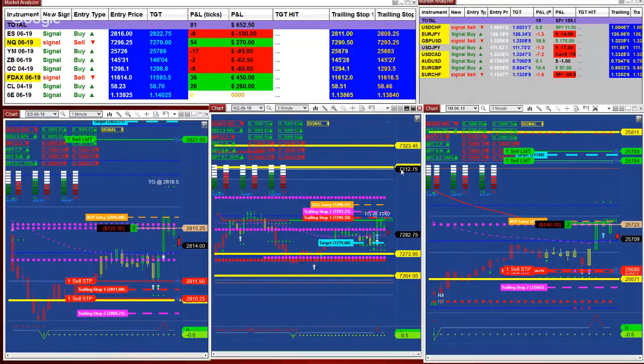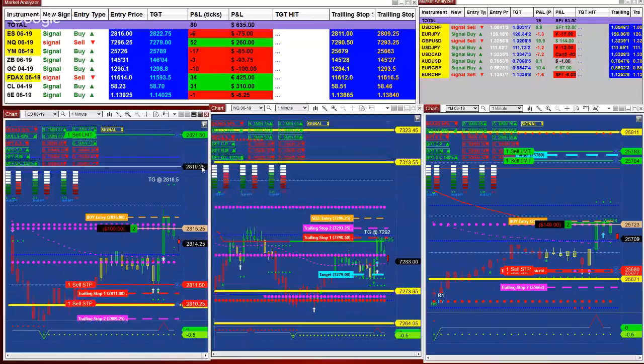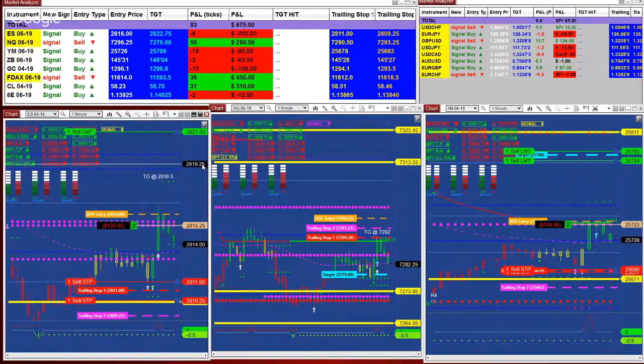A little pullback. Okay, we are waiting on the Nasdaq, and you will see it on the chart. Please follow us on a sim.